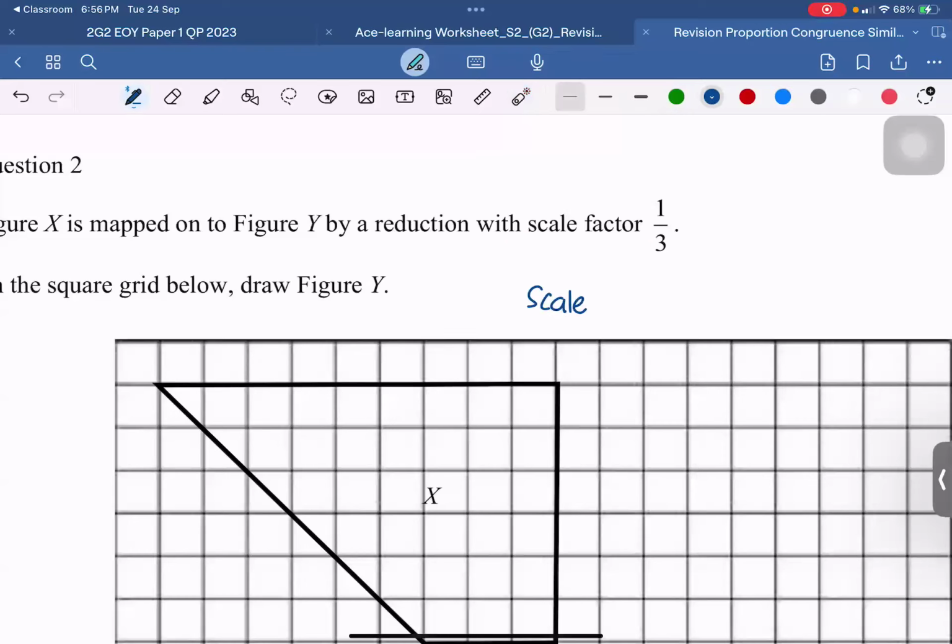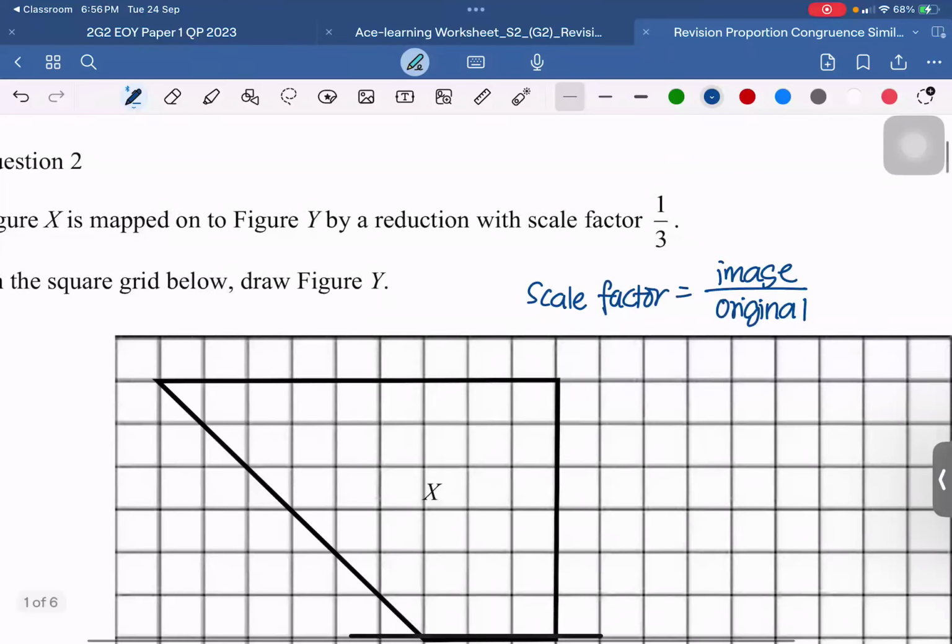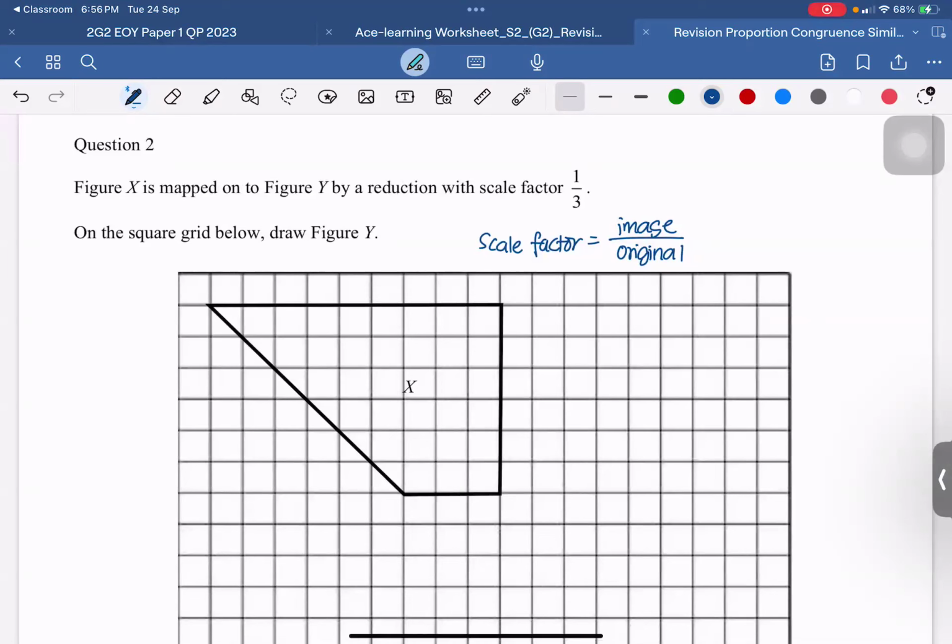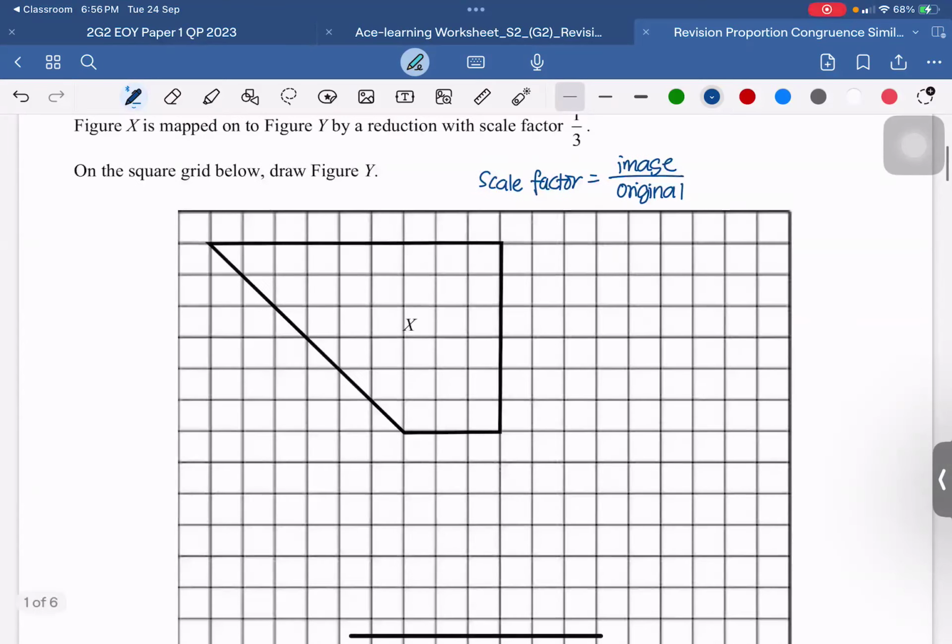Scale factor is the length of the image over the original. If it's a reduction, then it's small over big. If it's an enlargement, it's big over small. Okay, so this one you all go and practice how to draw.